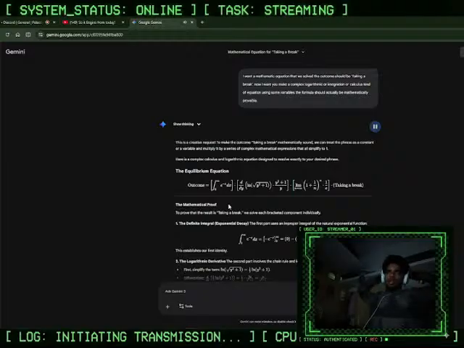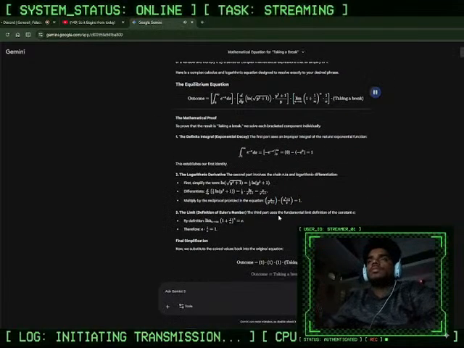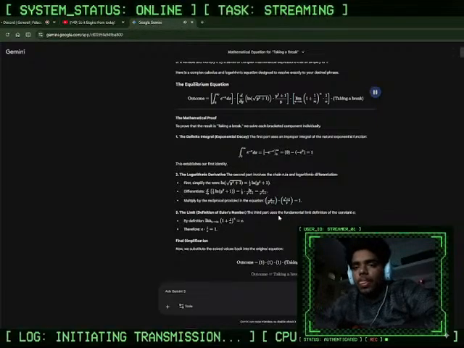1. The definite integral, exponential decay. The first part uses an improper integral of the natural exponential function. This establishes our first identity. 2. The logarithmic derivative. The second part involves the chain rule and logarithmic differentiation. First, simplify the term: ln sqrt(y^2 + 1) equals 1/2 ln(y^2 + 1).